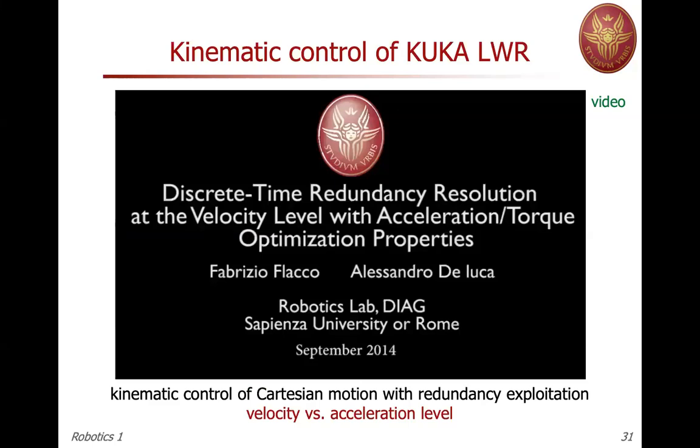So the acceleration control is richer, but it's harder to compute. In this paper, we proposed a way to approximate the acceleration control with the velocity command, doing at the first order level what the acceleration controller would have done at the second order level. In fact, we are optimizing torque locally and so on, things that are intrinsically dynamic.